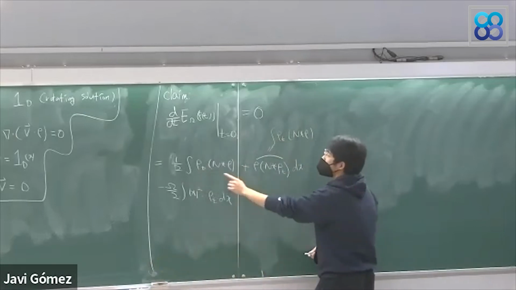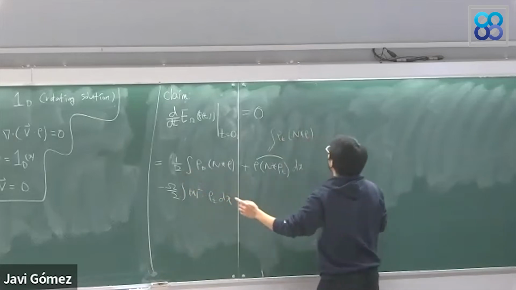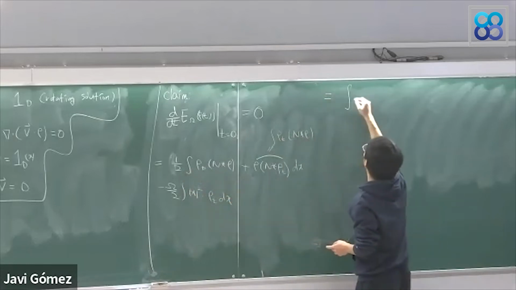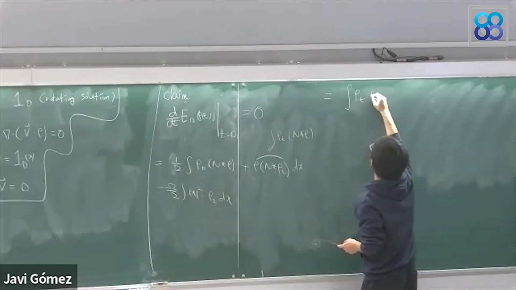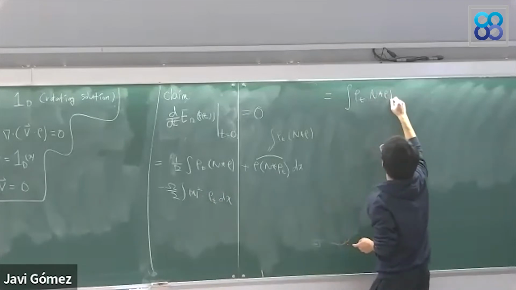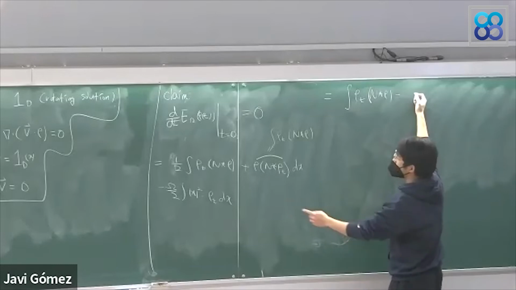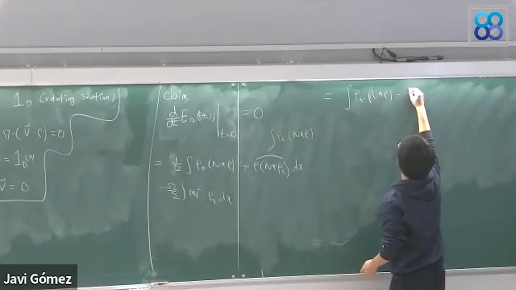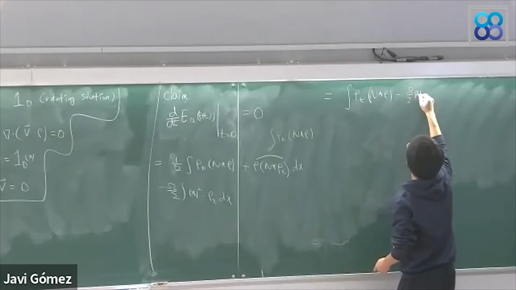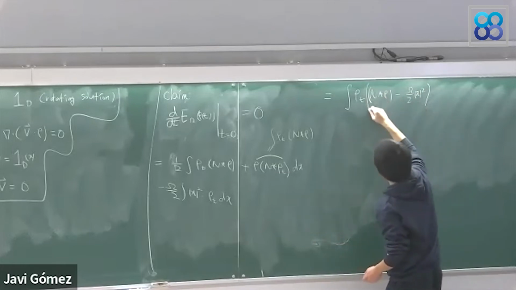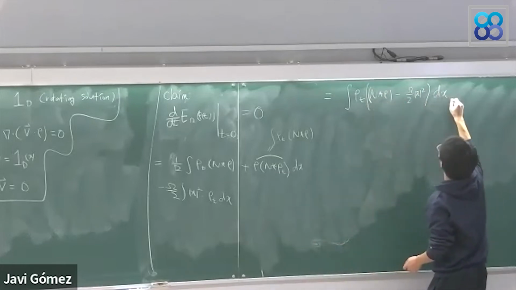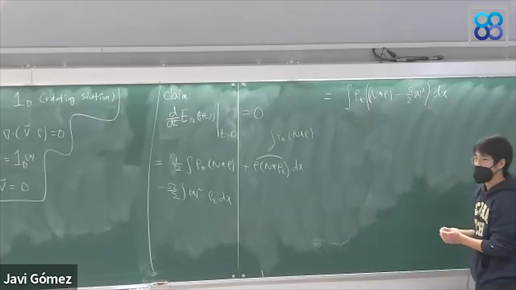So we only need to multiply by 2 here. So we get rho t convolved with rho, and then omega over 2 x squared, and then we can put them in one single integral, right?